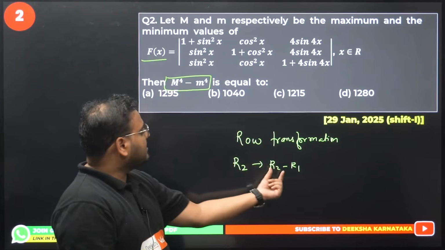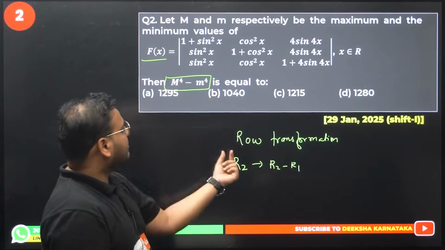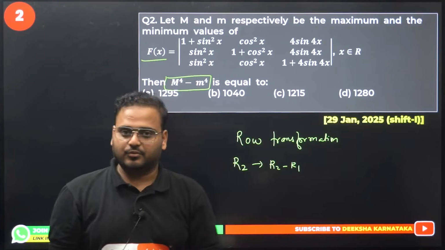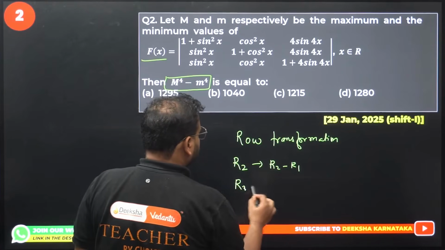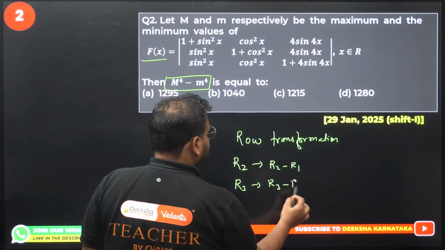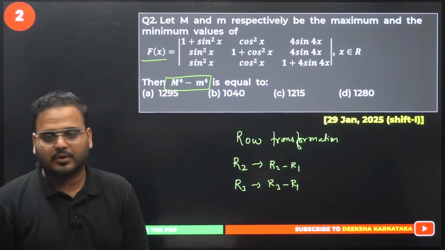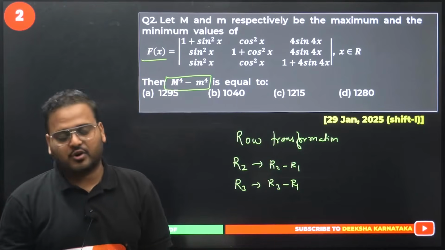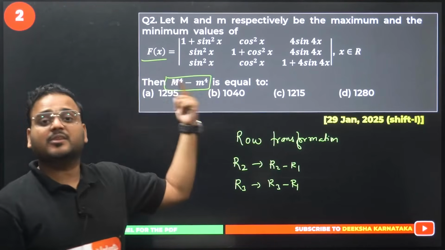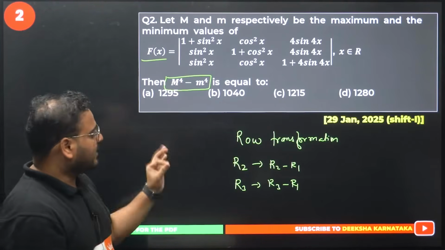Basically, I am making this change, row 2 minus row 1, and changing every element in the second row. This is called row transformation. Again, the same thing you can do for row 3 also: row 3 minus row 1. Apply this transformation and you will have a simpler 3 cross 3 matrix, which will be easier to find the determinant of. That's my hint for you to solve this question.